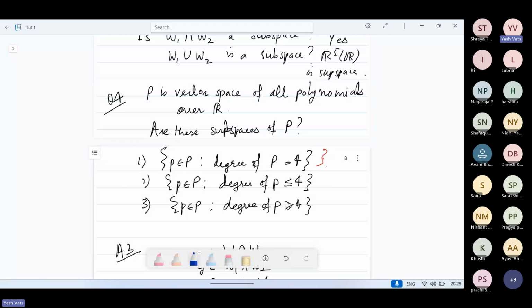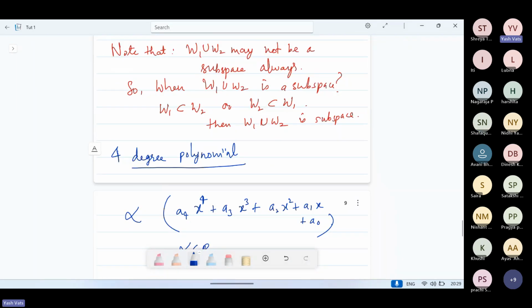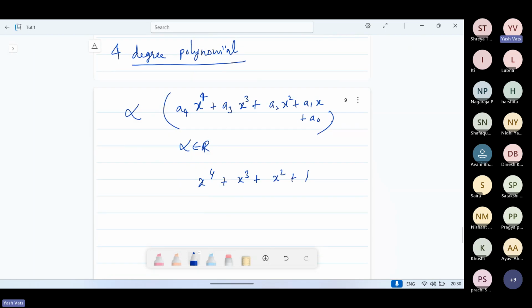So the second is the degree of polynomial is less than or equal to 4. Okay, that's the second, I think. So if you just sum two polynomials of degree 4, will it always give a polynomial of degree 4? Suppose I am taking this polynomial x^4 plus x cube plus x square plus 1, and I'm taking another polynomial.